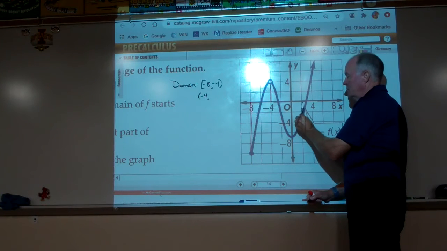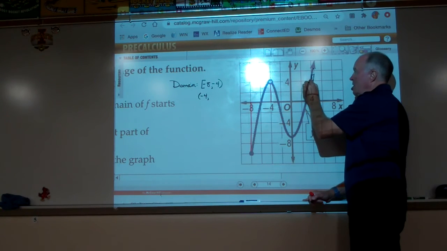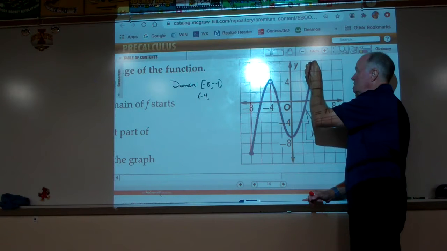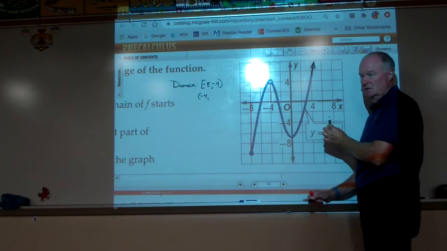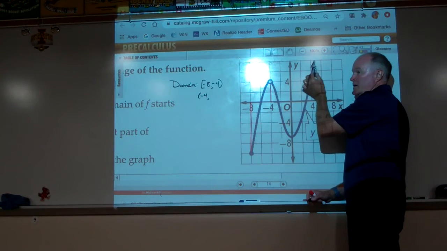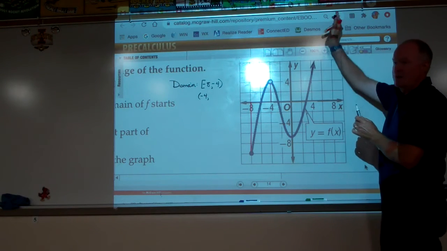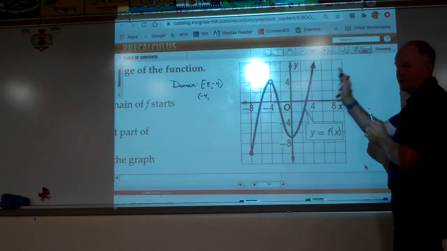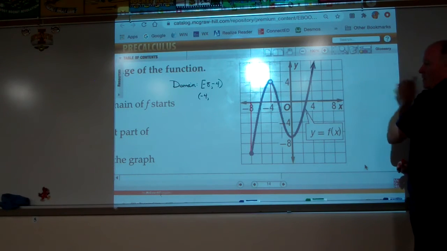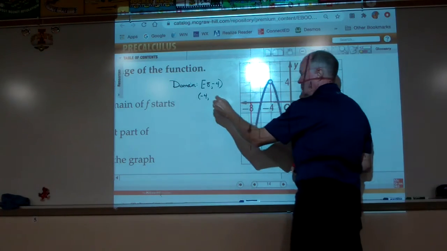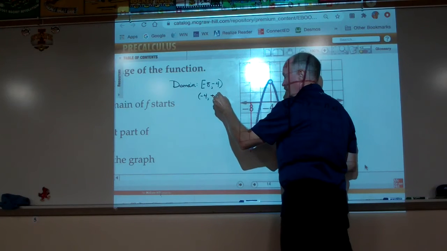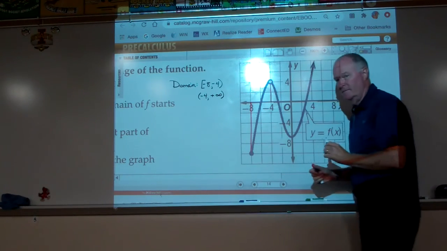As I keep going to the right, then I hit an arrow on the right. If I hit an arrow on the right, going all the way to the right, yes, that's going that way, but it's really going also all the way to the right, and that's going to be positive infinity.